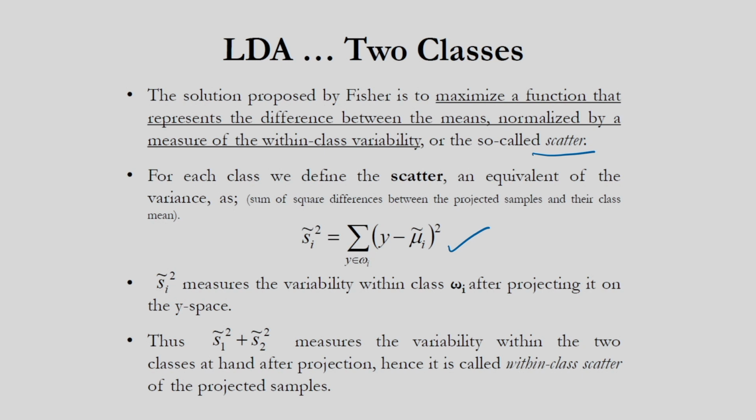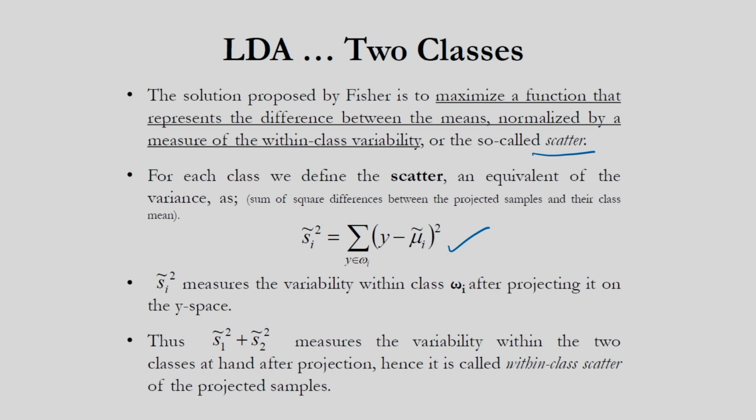So Si tilde square measures the variability within the class wi after projecting it onto the y space, which means the projected space.